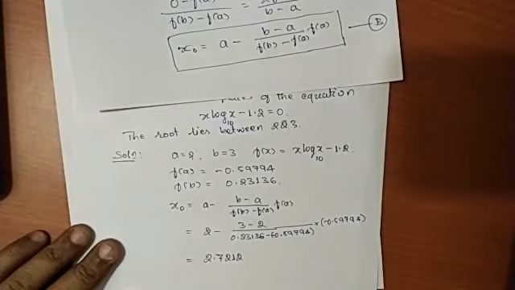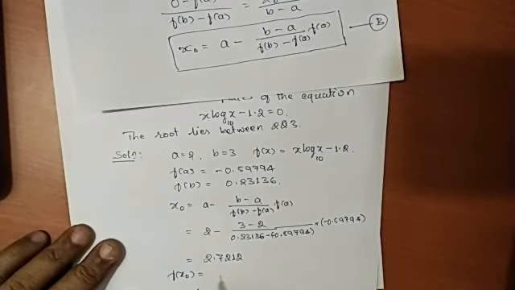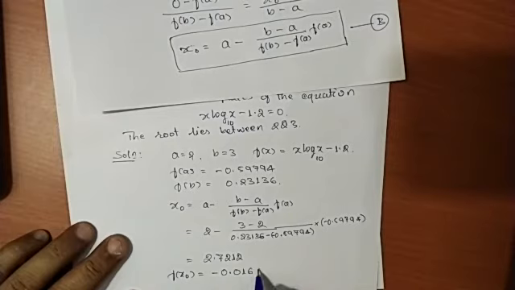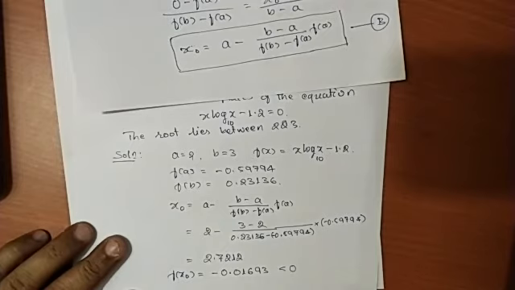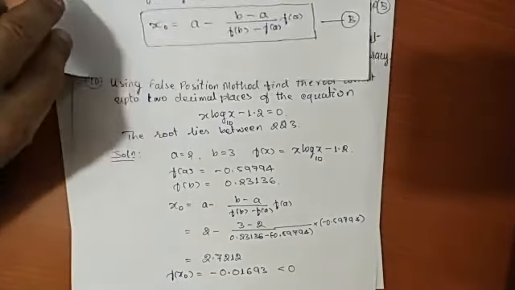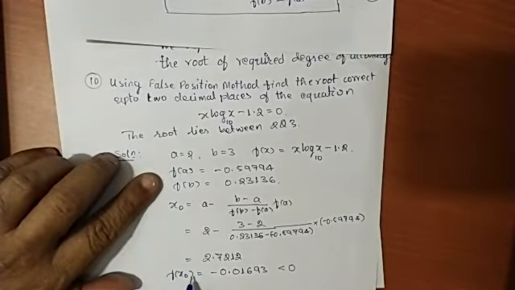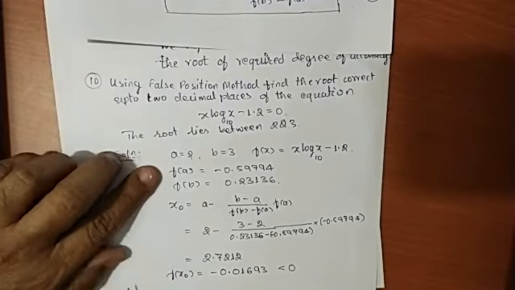So I got x naught. Now what is my next step? I should find out f of x naught. So f of x naught will be minus 0.01693. Right. Again, it is negative, less than 0. Now I have to check where it is positive, where it is negative. Definitely, see, f of x naught is negative, f of a is negative.